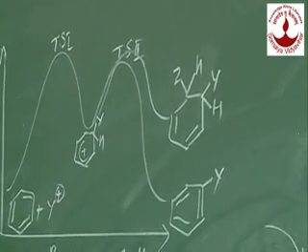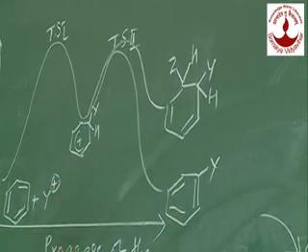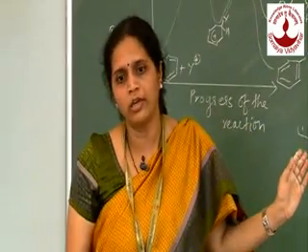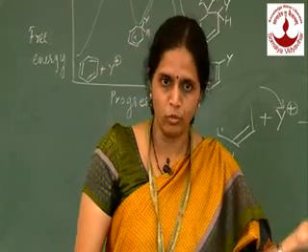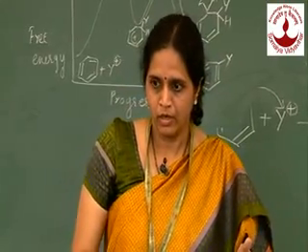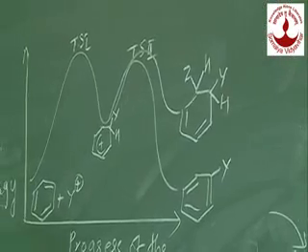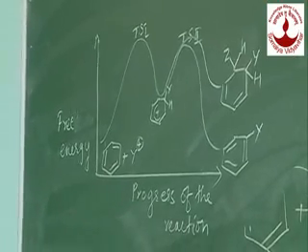The reason is the same: the product which is formed is non-aromatic and therefore highly unstable, whereas the substituted product is stable because it's an aromatic nucleus which is formed. Okay, so with this understanding of electrophilic aromatic substitution, we move on.